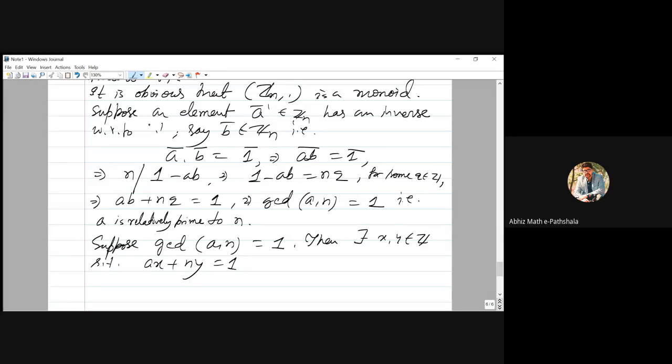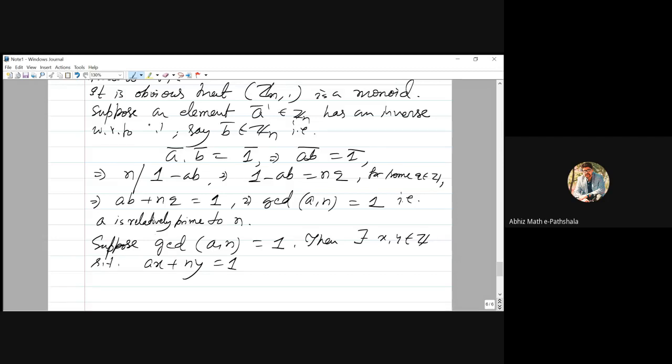That is, if GCD of a comma n is 1, then you must have two integers x and y which will satisfy ax plus ny is 1, right?